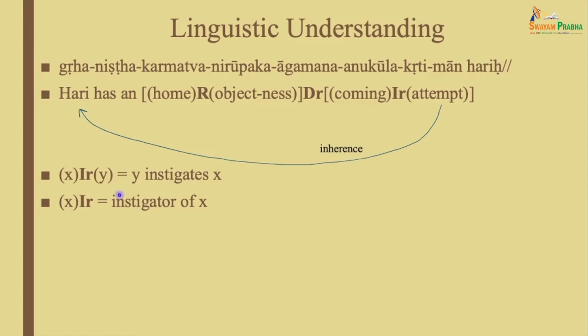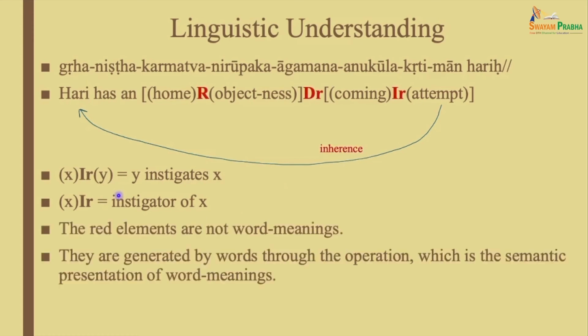So these are the abbreviations. Now, the point is, the red elements are not presented by the words. The non-red elements are given by the words. So what the words gave are Hari, home, objectness, coming, attempt.